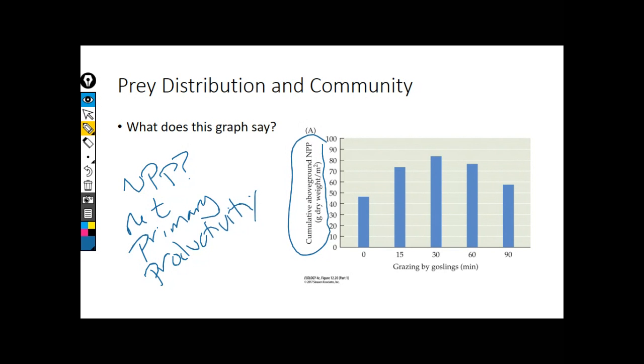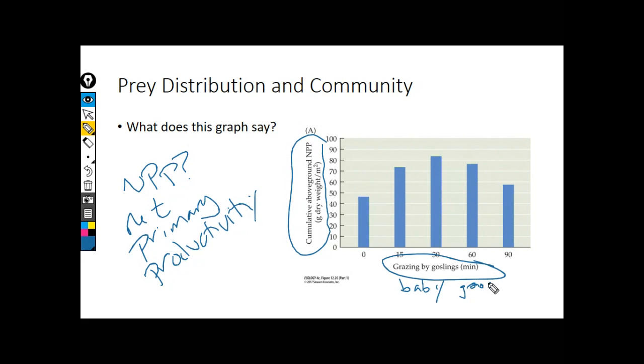Okay, so what is our x-axis? What's a gosling? It's a baby goose. It's beginning to think I failed you all. A baby goose.